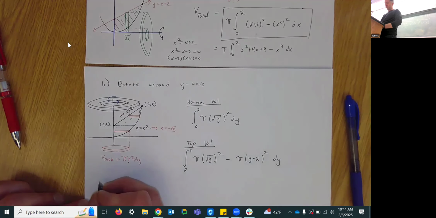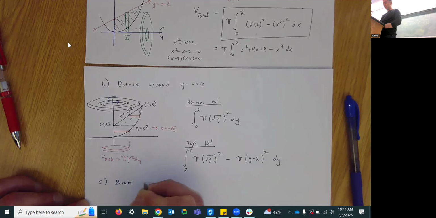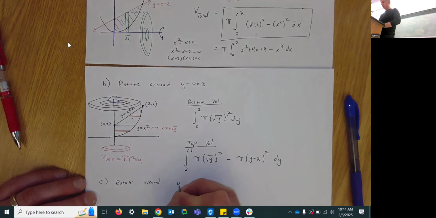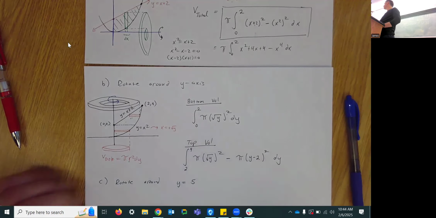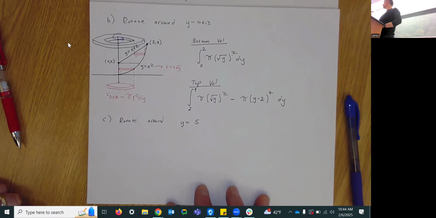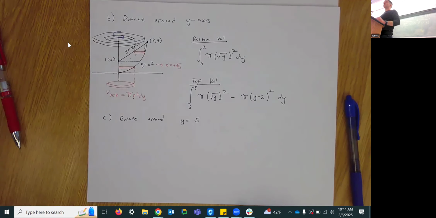Let's do one more with this one. What if I want to rotate around the line y equal to 5? Sure, let's do that. Question, Jen. Add what? Oh yeah, sorry.